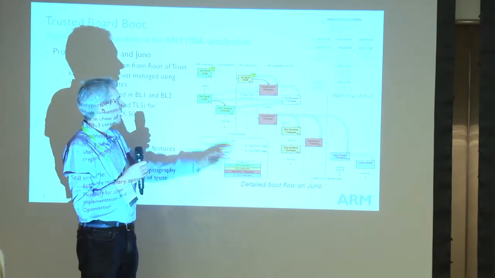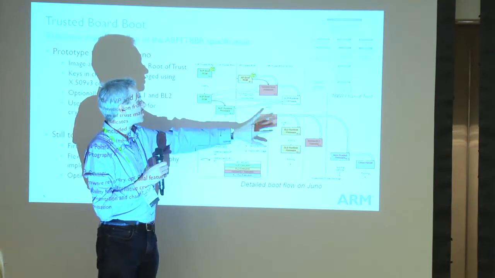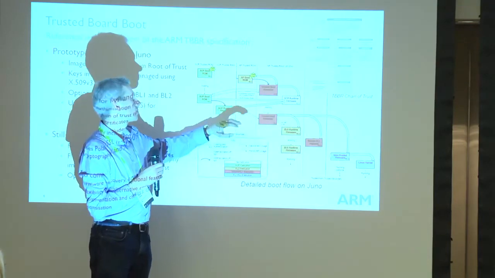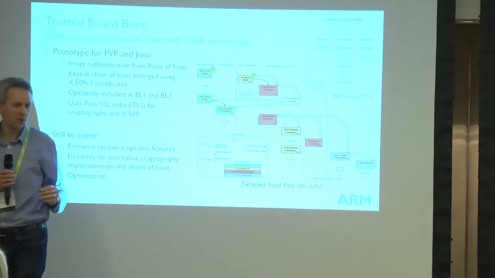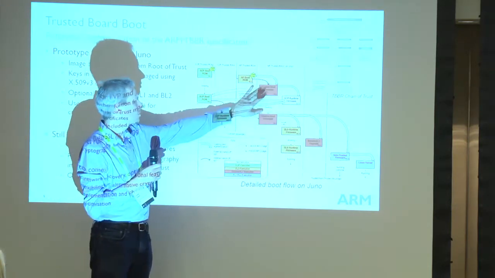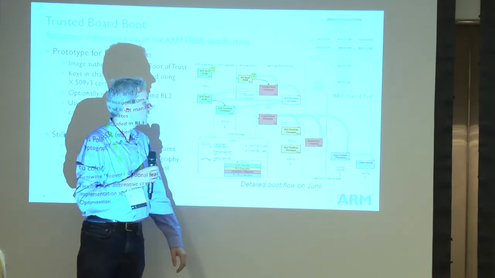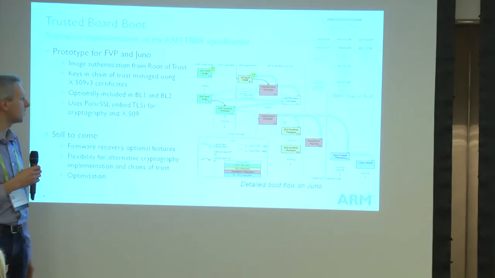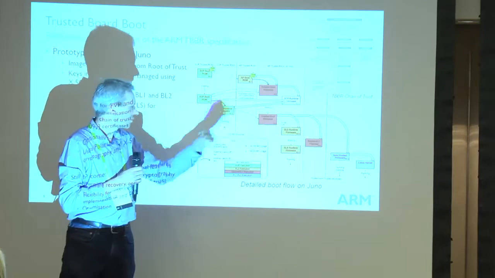And there are any number of solutions partners have for loading or authenticating BL3.1 in external processors or the application processor code. So sure, if you've got a trustworthy bootloader that you're running from in secure state and from SRAM, you could use that as part of the way of loading the rest of the firmware.